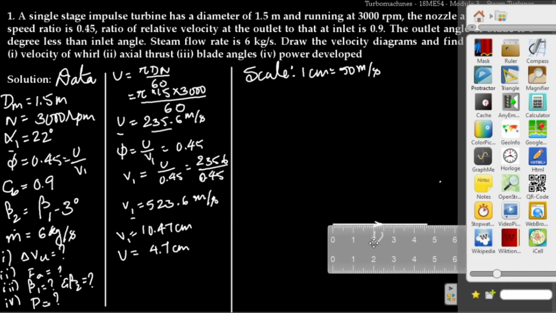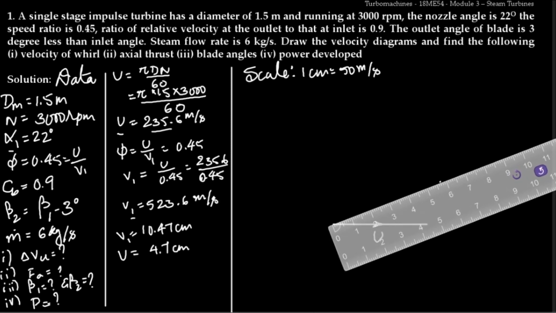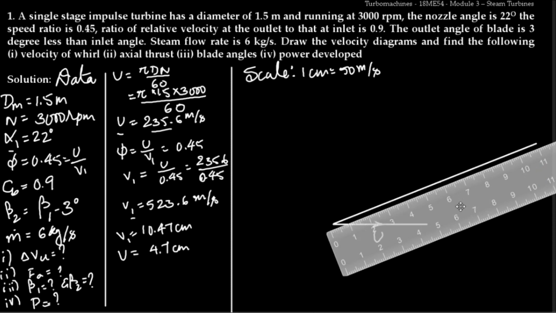Then I'll take my scale and I'll rotate this over to that point. Then I'll draw a line. I'll not worry about the length of this line. I'm just drawing a line here.